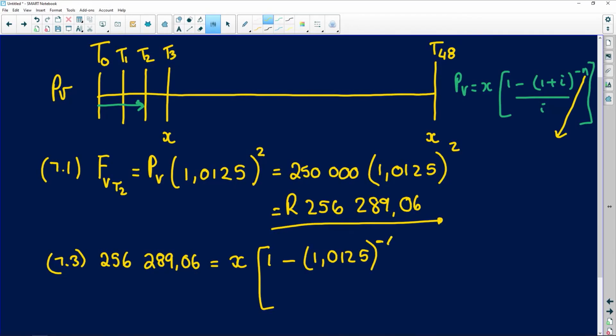So instead of being 48, there's 46 payments in this annuity. Make a note of that, folks. The n in the annuity formula is not the period of the loan. It is the number of payments inside the annuity.